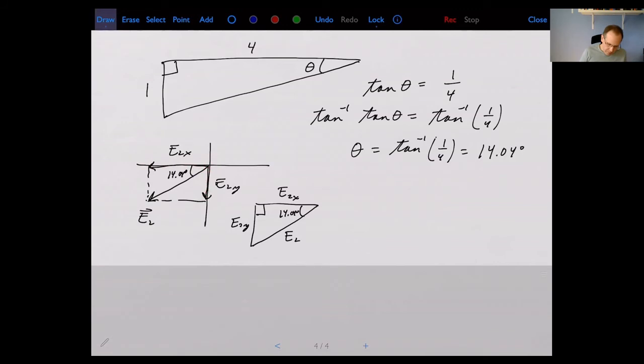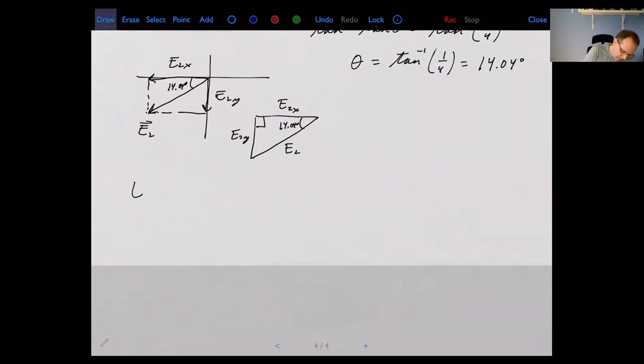So in this case, E2x is going to be negative the magnitude of E2 times cosine of 14.04 degrees.